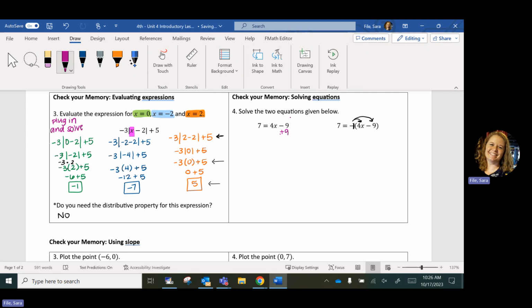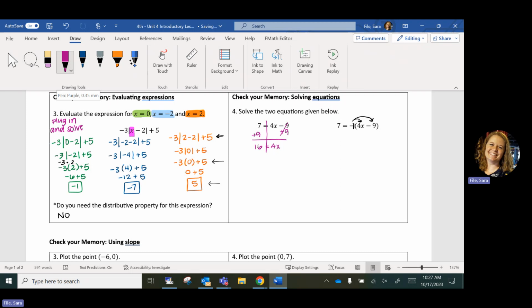A constant's a number without a variable. So if you have a constant added or subtracted in your expression, we'll get rid of that first. And when we say get rid of, we're talking about the left and right side of the equation. We use opposite operation, and what we do to one side, we do to the other. So 7 plus 9. And I'm left with just the 4x here because the -9 plus 9 eliminated.